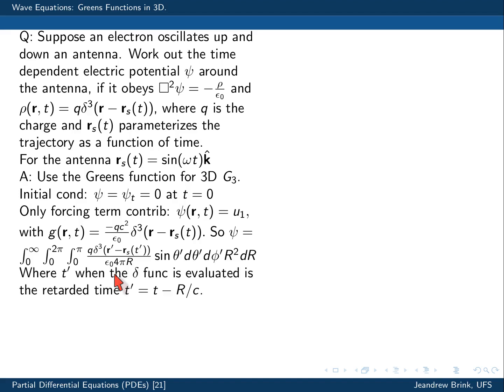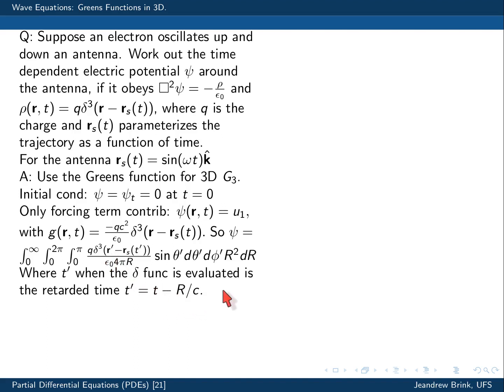Okay. Another interesting feature is that we're not going to evaluate the particle's trajectory as a function of time. Remember that this t prime that enters here has actually been restricted to what we call the retarded time. So it lags after the time t by an amount r, which is the distance of r prime from r, where we want to know the solution, over c.